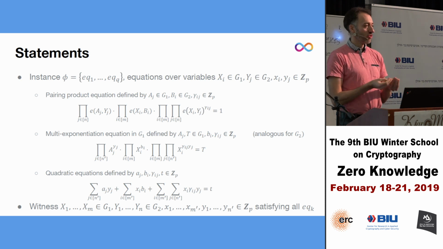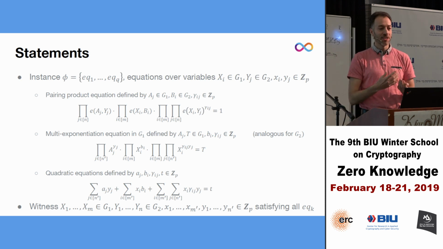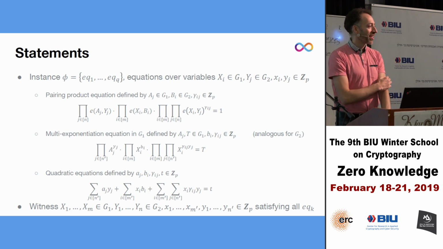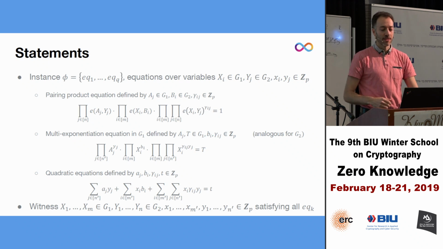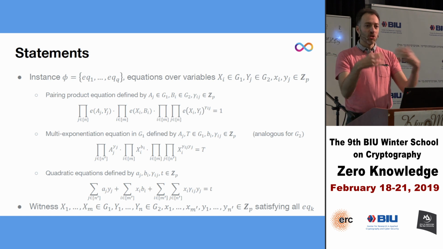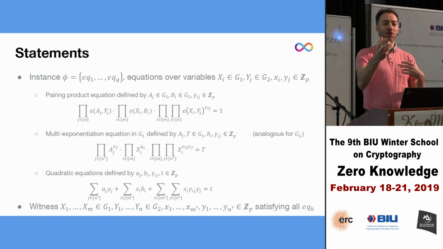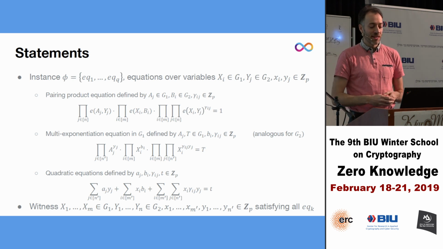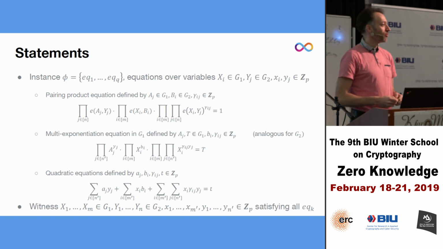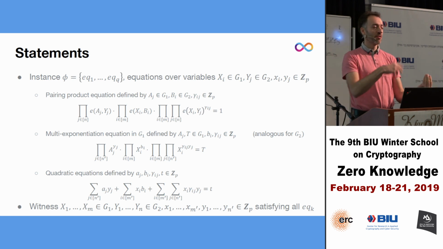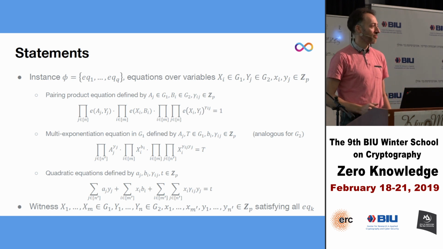Or you could take secret group elements, the xi's, and raise them to secret powers, the yj's, and again modify that with some known exponents, the gamma ij's. Okay? And you do a lot of these exponentiations of known with unknown, or unknown with known, or unknown with unknown. And at the end, the question is, do you get this result, this t here, which is a known element? Okay? If you have exponentiations with knowns, that you can fold into the t.